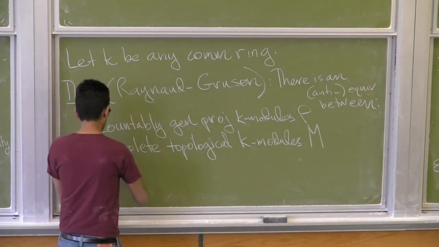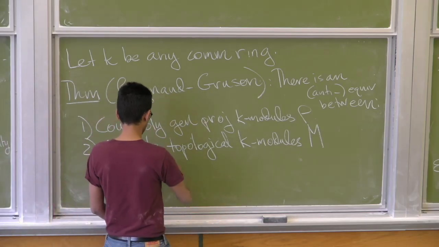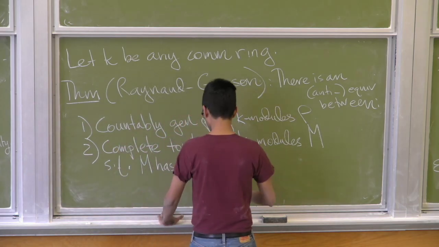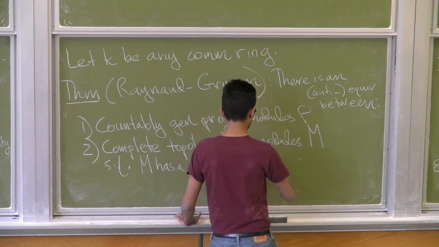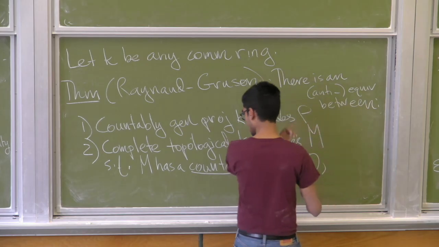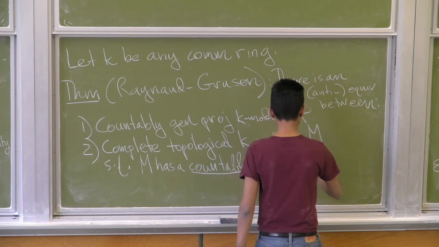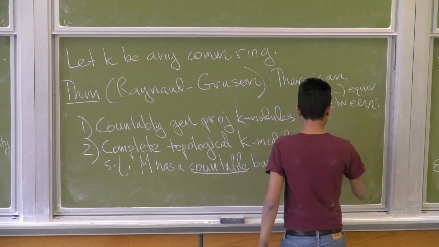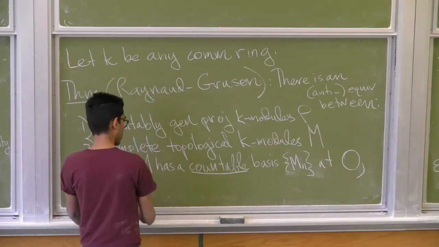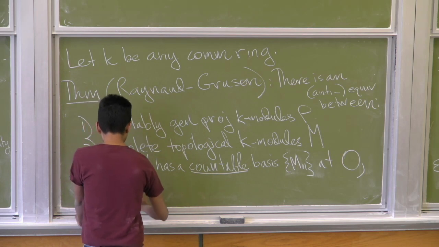Such that M has a countable basis at 0, call it M sub n. And moreover, we'll have some conditions. So the first condition is that all the quotients M mod M sub n are finite.